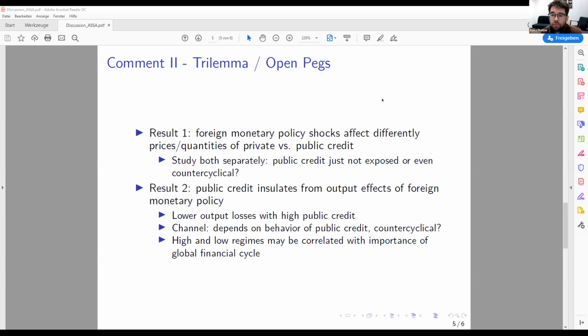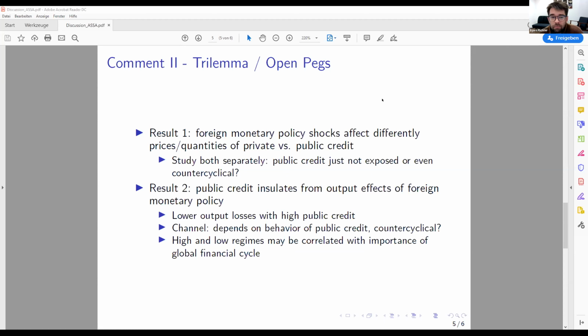Is the government trying to offset the foreign monetary policy shock by lending more, or is it just the private banks decreasing their lending as a response to this shock? It would be interesting, because it would also help us to interpret the behavior of these public banks a bit better, because maybe they are just there to offset some shocks, or maybe they are just giving out a stable amount of credit over the business cycle.